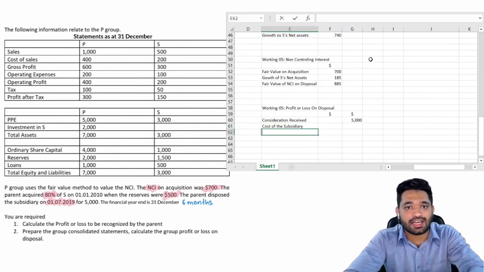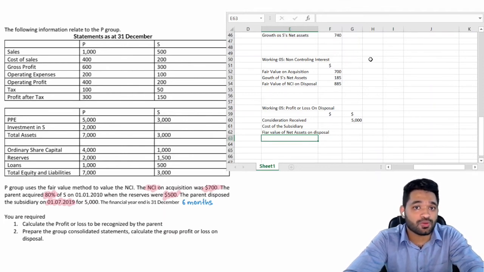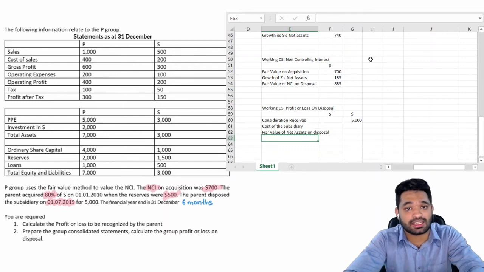To do that, I'll be taking the fair value of net assets on disposal, and I would be adding the goodwill at the date of disposal, because I'll be losing the goodwill as well, as an asset.